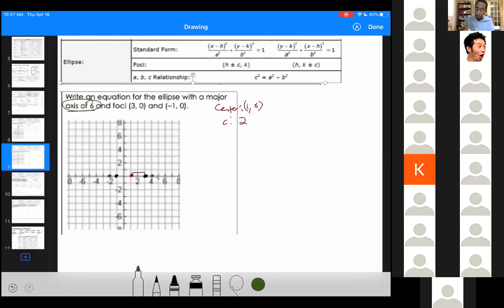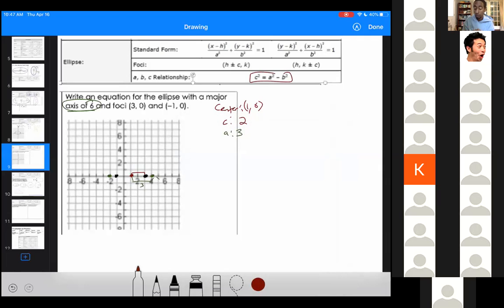So there's a lot of vocabulary here. Based on knowing the major axis and where your vertexes are, you know this is 3 and that is your A. A is half of your major axis. Once you have that information, you have all you need, because you can now use the formula.